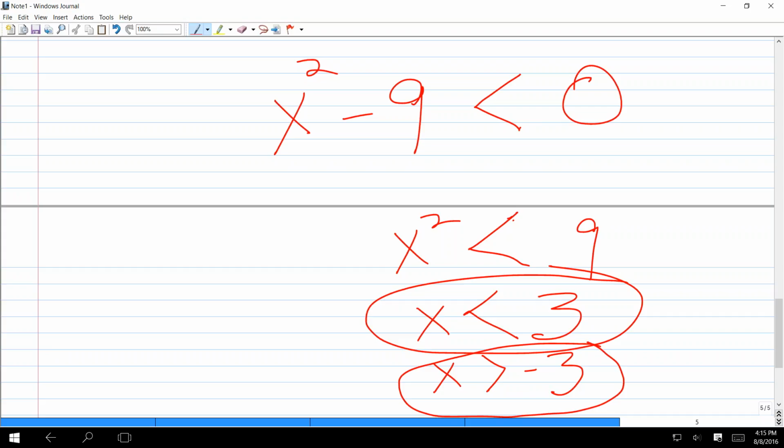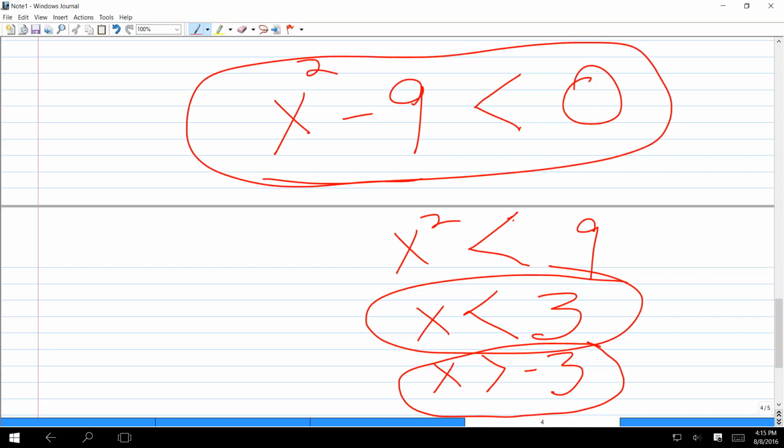And you can see that that's correct. As long as x is between minus 3 and 3, that is a true statement. I can't just say x is less than 3, though. So inequalities have two peculiarities to them.